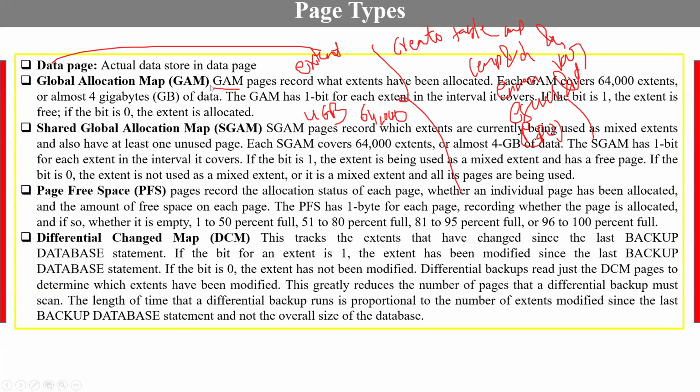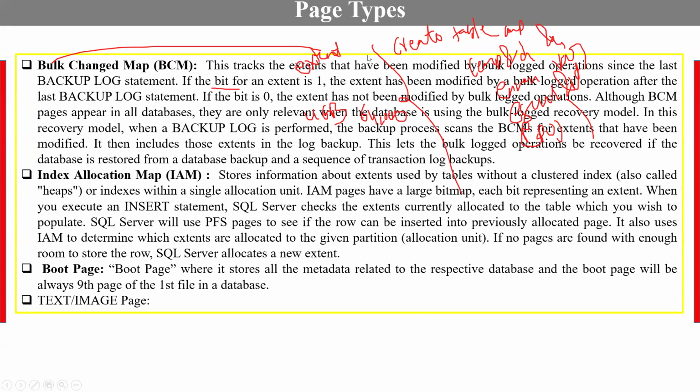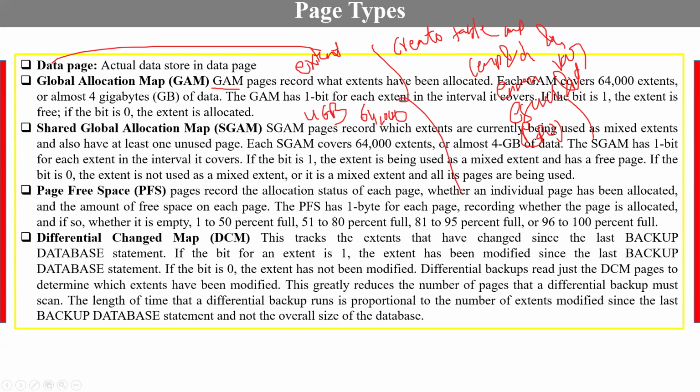Okay. Internally, there will be a GAM page. Now, whenever you are going to create a table, first it will go to the GAM page and get a couple of extents. So for example, for this table, it is allocating 10 extents.